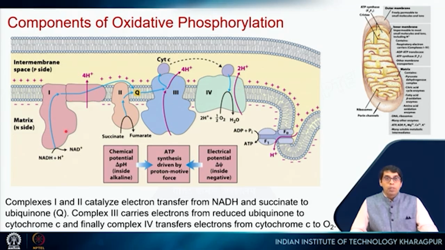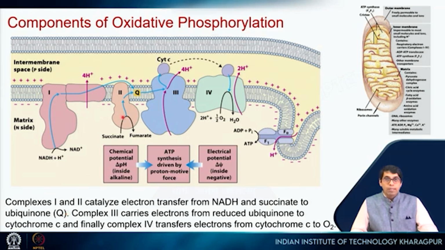There are 4 complexes, 1, 2, 3 and 4. Out of these, 1, 3 and 4 pump out hydrogen ions, which is coupled to the oxidation reduction reaction that happens here. Complexes 1 and 2 catalyze electron transfer from NADH and succinate to ubiquinone.